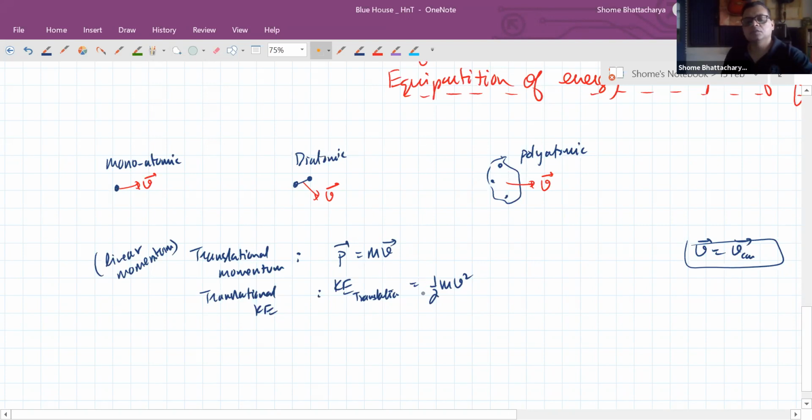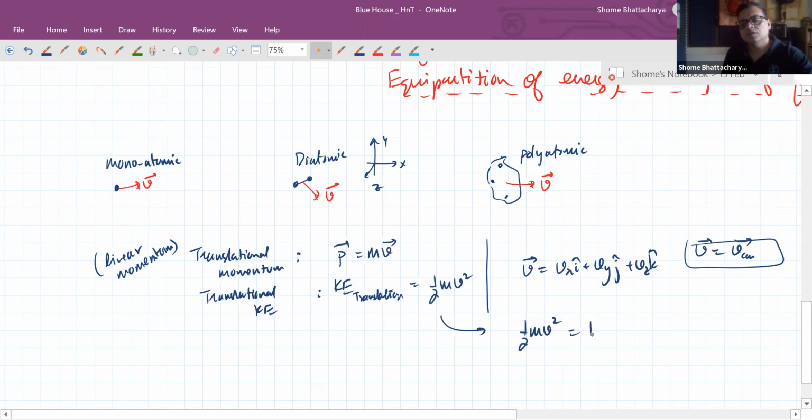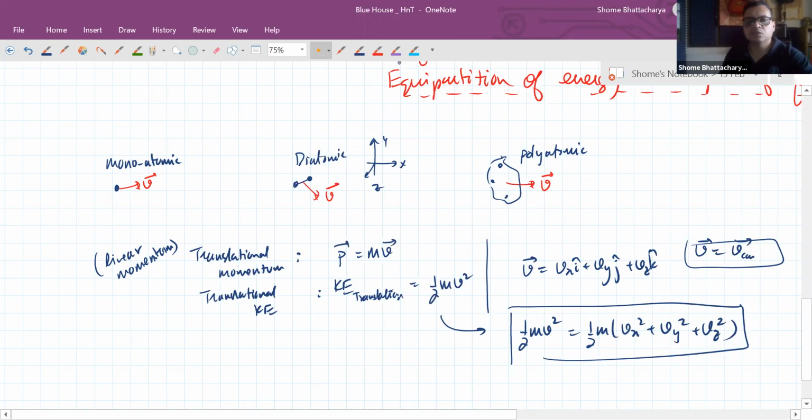Now if we take a system of axes, x, y, and z, we can divide the velocity of the center of mass into three components: vx i cap plus vy j cap plus vz k cap. Thereby the kinetic energy of a molecule is distributed over three translational degrees of freedom: motion along the x-axis, the y-axis, and the z-axis.